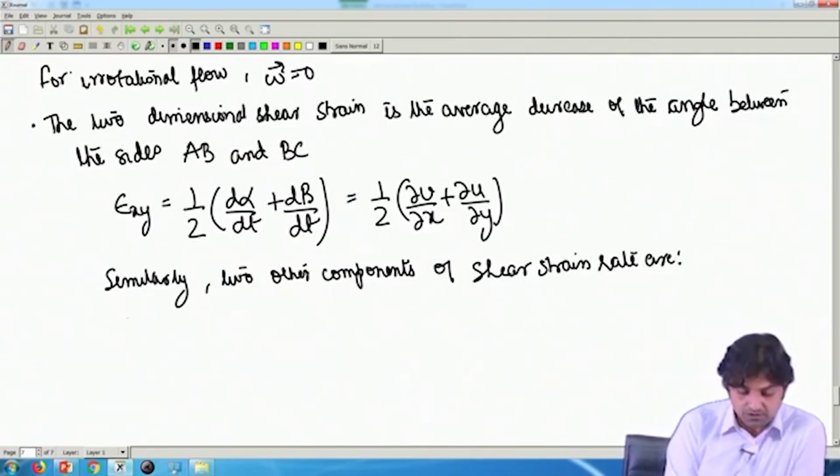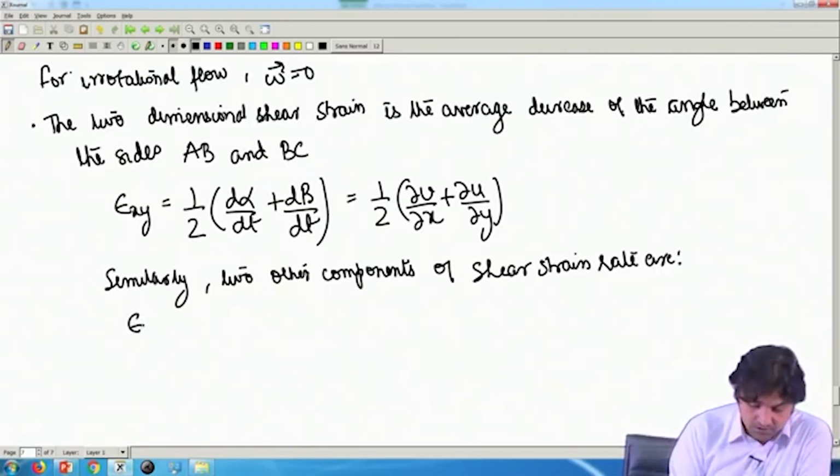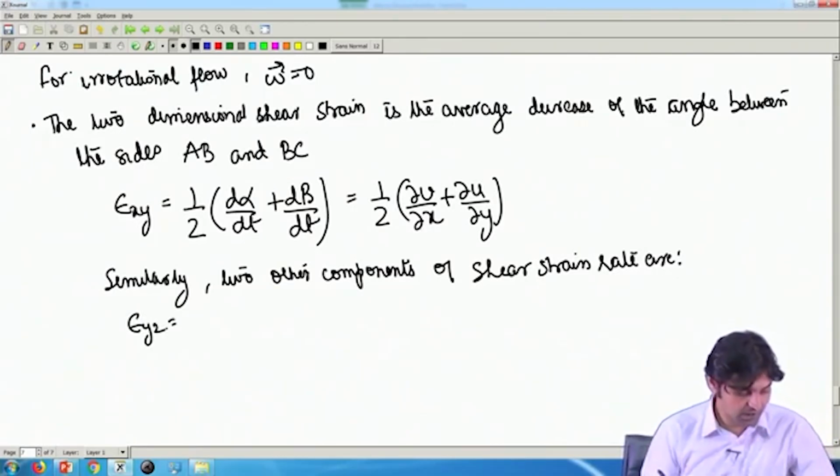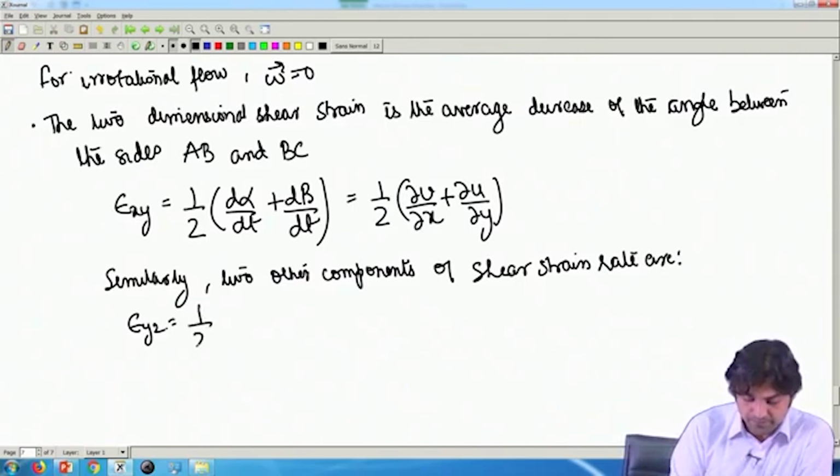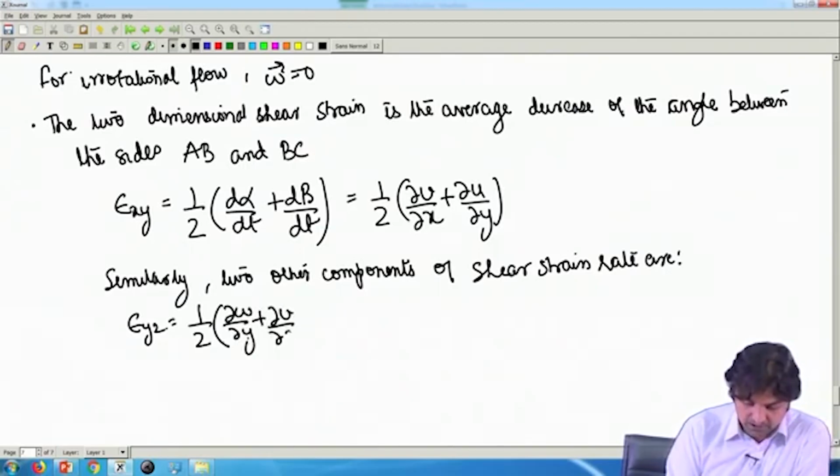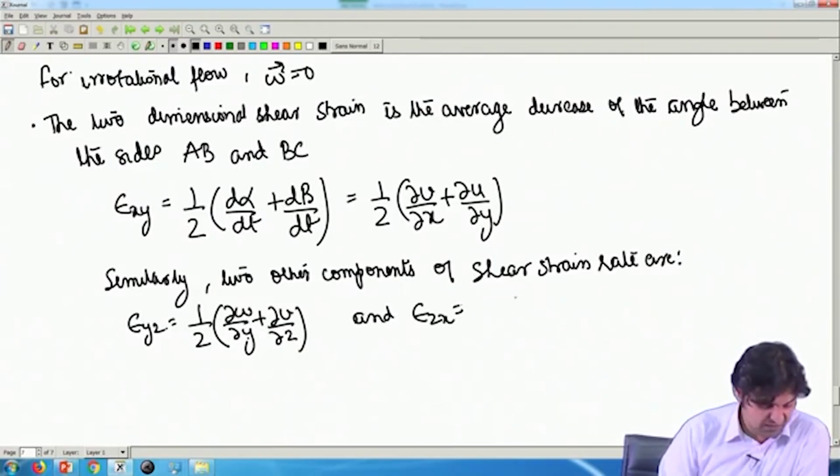So, epsilon yz can be written in the same way as half of del w del y plus del v del z, and epsilon zx is equal to the similar expression.